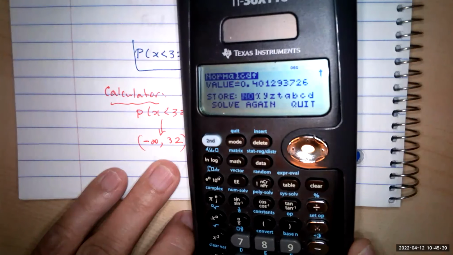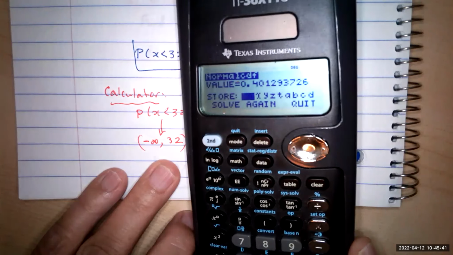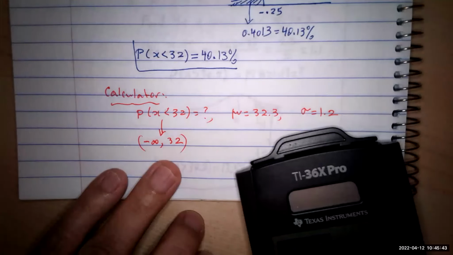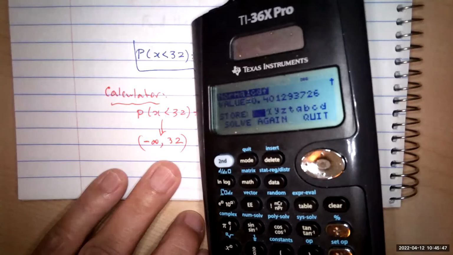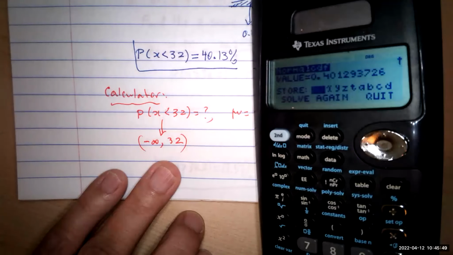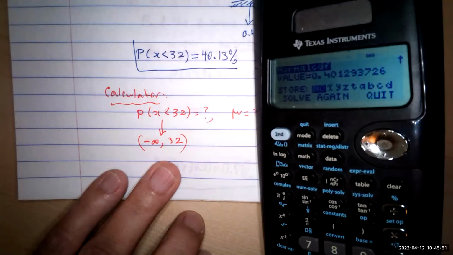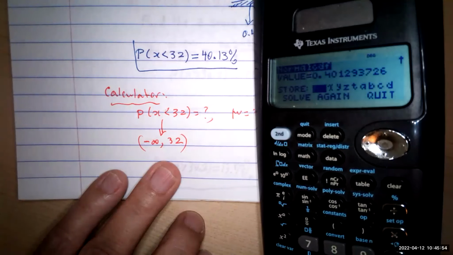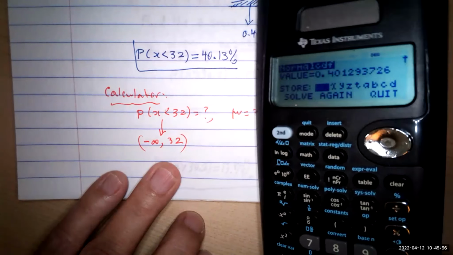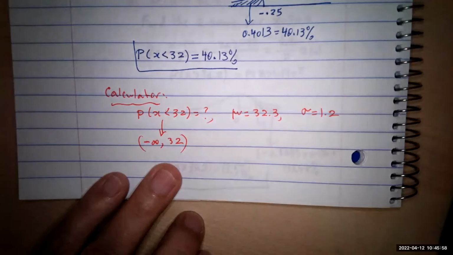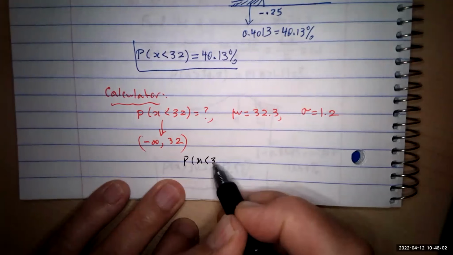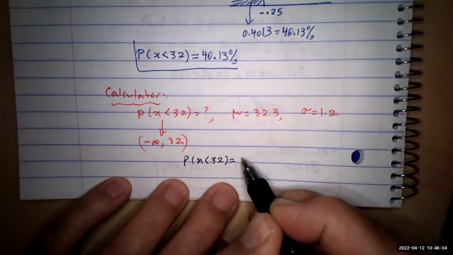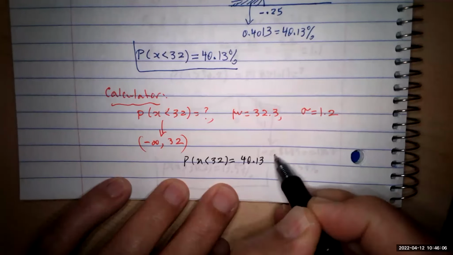If you round it, that gives you 0.4013, which is the same number that we got over here. We rounded 40.129 into these numbers, so we don't mind. So the probability x less than 32 is going to be the same thing, 40.13%.